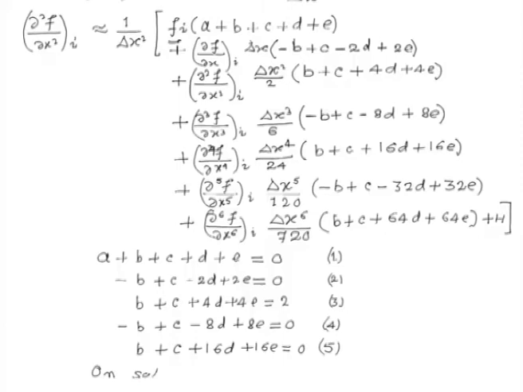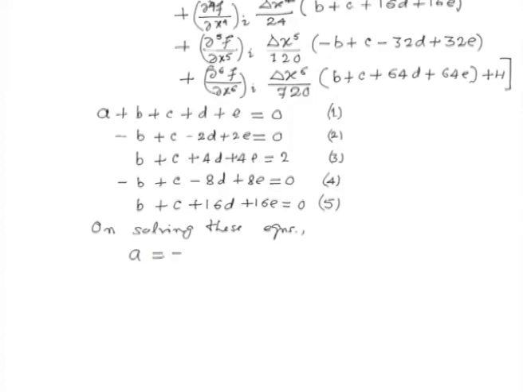On solving these equations, we get a is equal to minus 5 by 2, b and c are both equal, 4 by 3. Similarly, d and e are also equal, d is equal to e equal to minus 1 by 12.